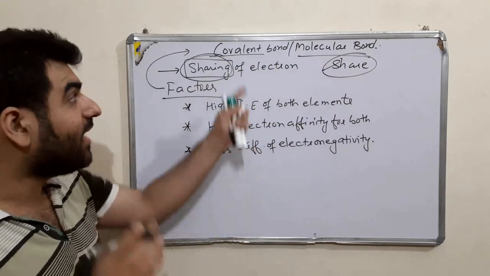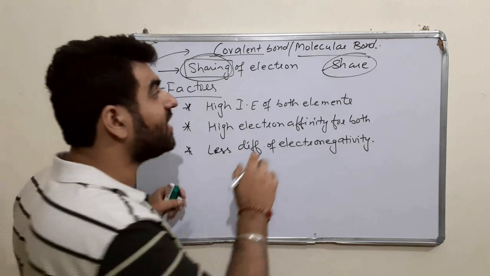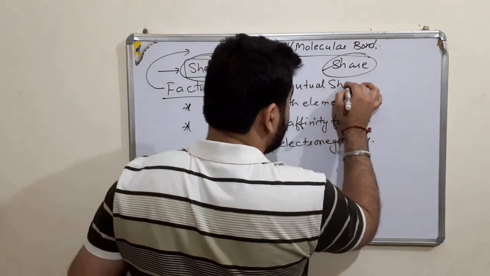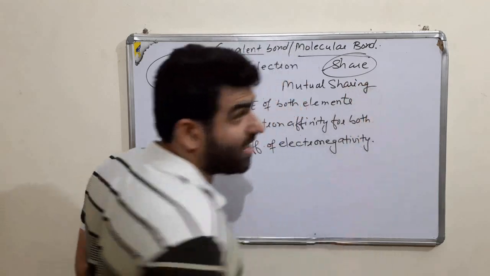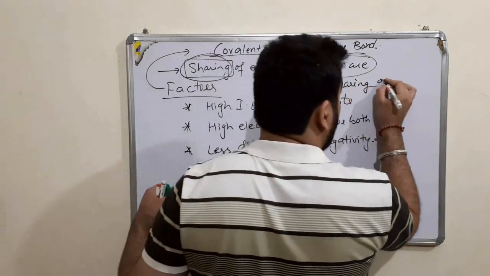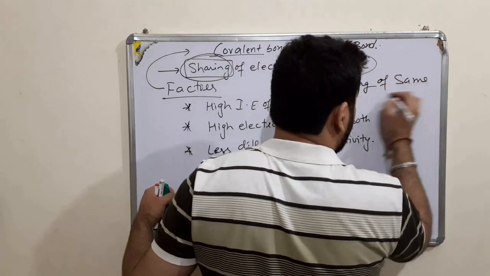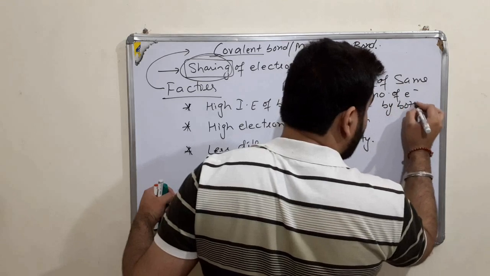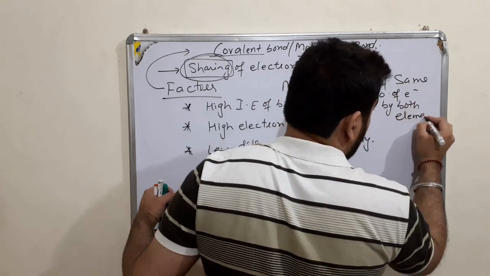And in such sharing, in which a covalent bond is formed, there is mutual sharing. Both of the elements share the same number of electrons.